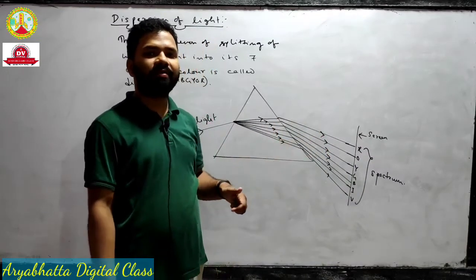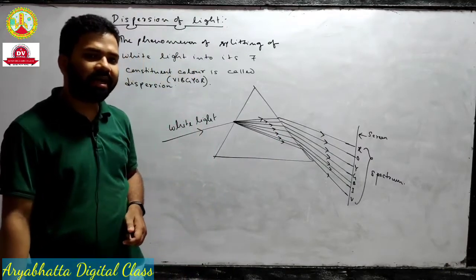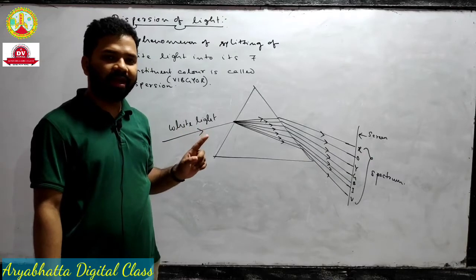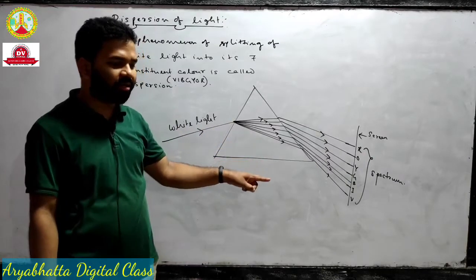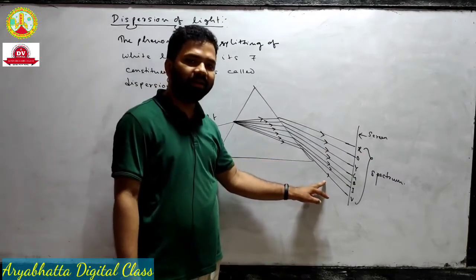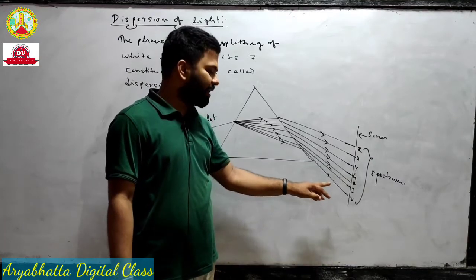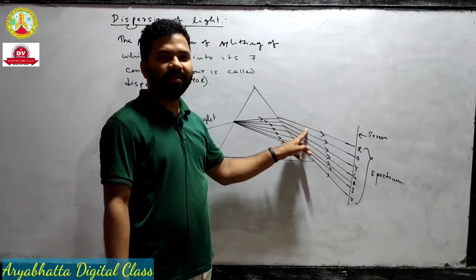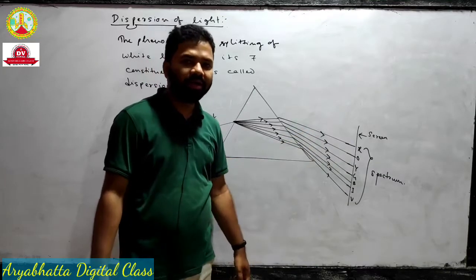So there is a relation between wavelength and deviation: the light having minimum wavelength suffers maximum deviation. Here violet is having the minimum wavelength, so violet will suffer maximum deviation, and red color is having the maximum wavelength, so it will suffer minimum deviation.